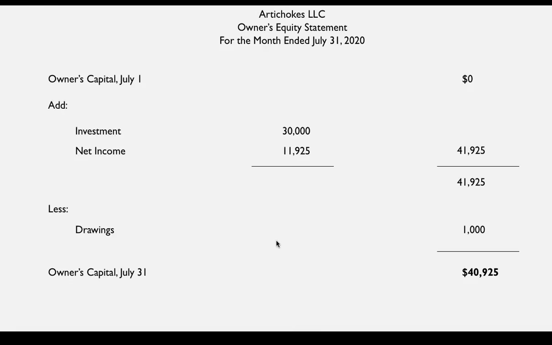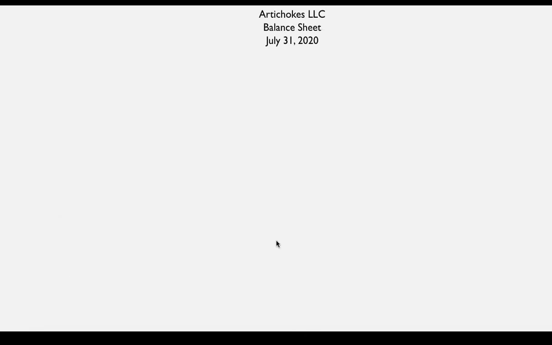So after we finish up this owner's equity statement, we can then move on to our third financial statement, the balance sheet. Now, if you look at the top of your screen here, you'll notice it has Artichokes LLC, balance sheet, and then just July 31st, 2020.